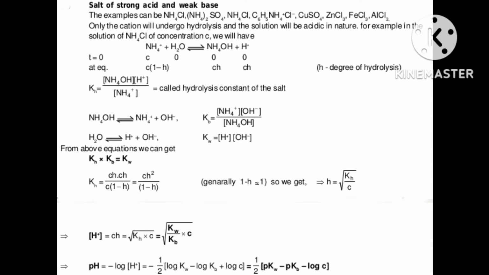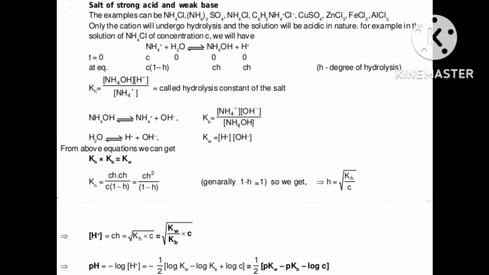0.05 M ammonia solution. The ionization constant of ammonia, its K value, is fixed, and its value is 1.77 into 10 to the power minus 5.